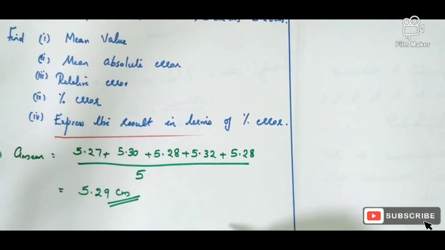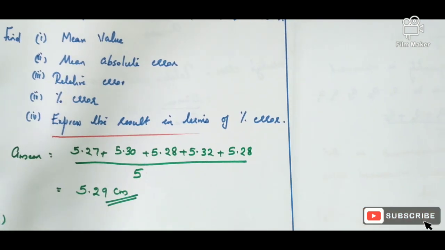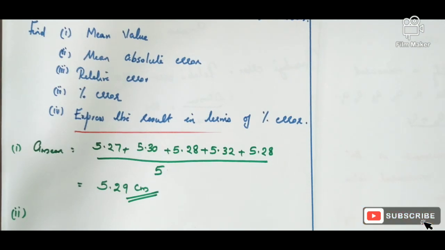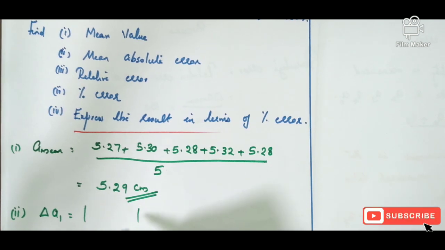Then how will you find out the mean absolute error? First we have to find out the absolute error in each observation. Absolute error is usually represented by delta, isn't it? So absolute error in first observation, delta A1. We know it is, take the magnitude, A mean minus A1. That's the formula, no?